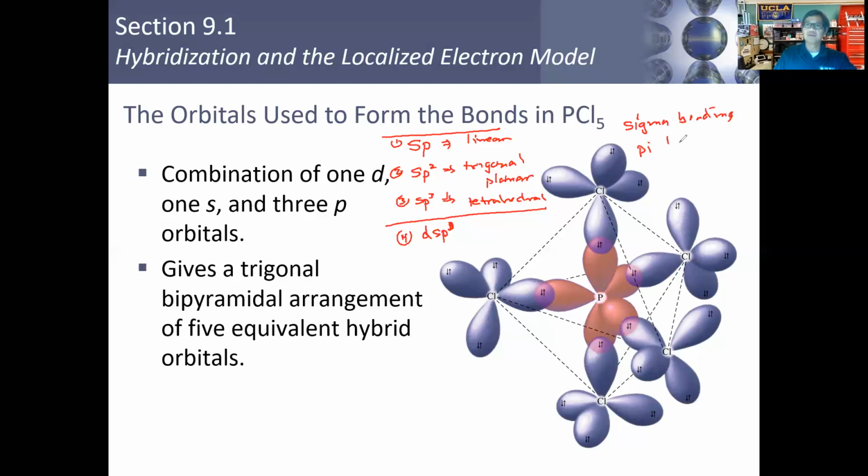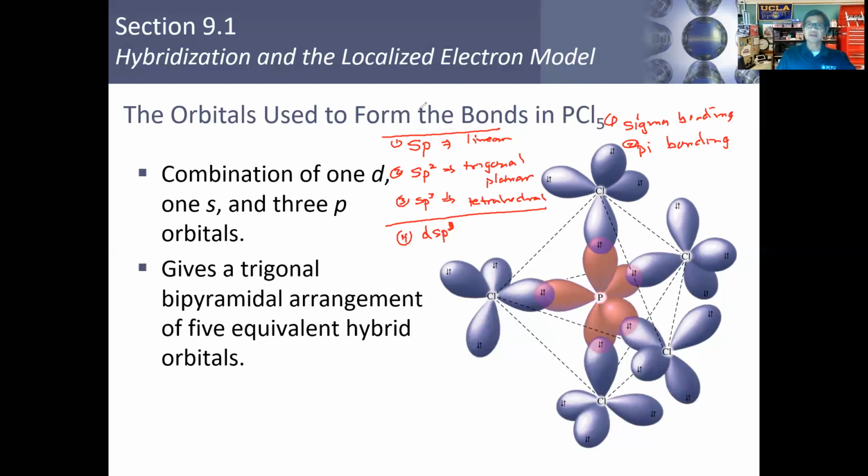These basically tell us how the orbitals line up with one another. With the sigma bonding interaction, the orbitals line up in a linear manner. With the pi bonding interaction, the orbitals line up in a side-by-side manner. That gives us the difference between sigma and pi bonding.